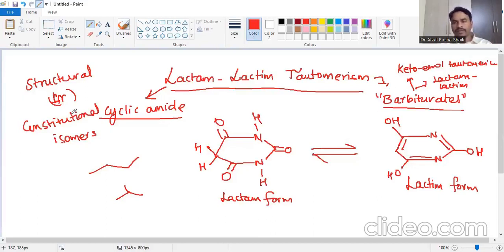Not only that, we have also observed another type of isomers known as functional group isomers or functional isomers, where they have the same molecular formula but different functional groups. One of the classical examples we have seen is ethyl alcohol as well as dimethyl ether. Not only that, we also have regioisomers or positional isomers, where they have the same functional groups, but the position of the functional groups is different.